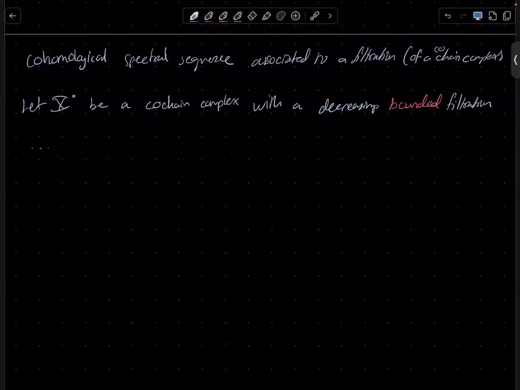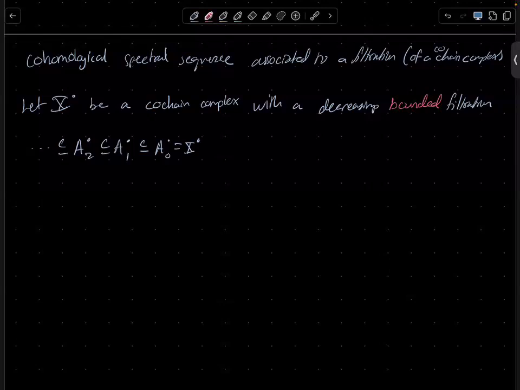So I'll have dot, dot, dot contained in A2 bullet, contained in A1 bullet, and then A0 bullet, which is just X bullet, right?